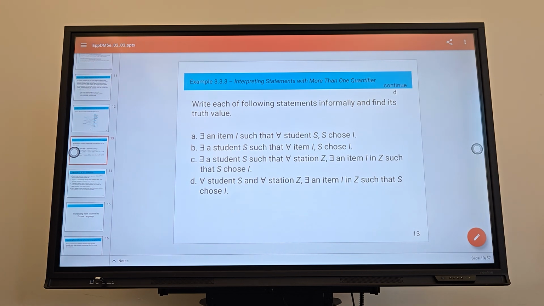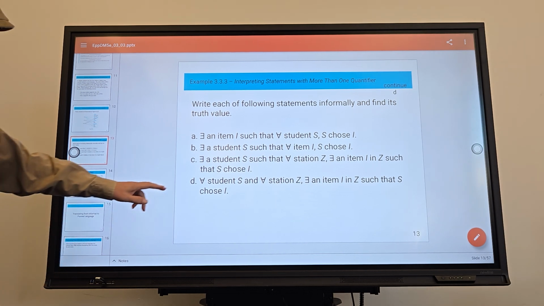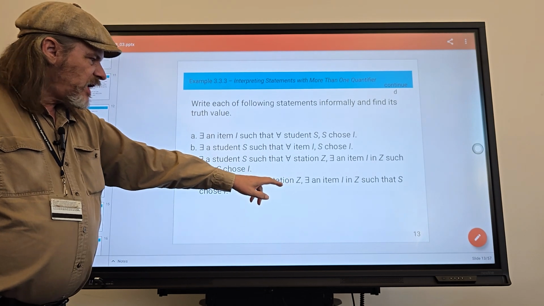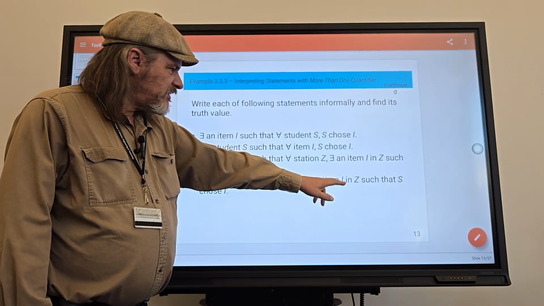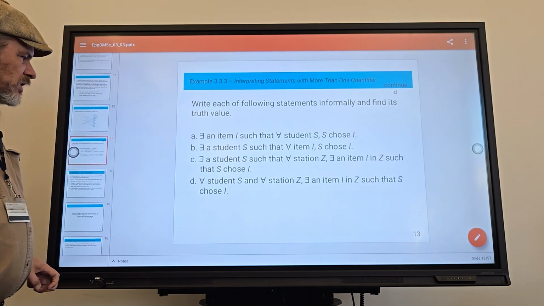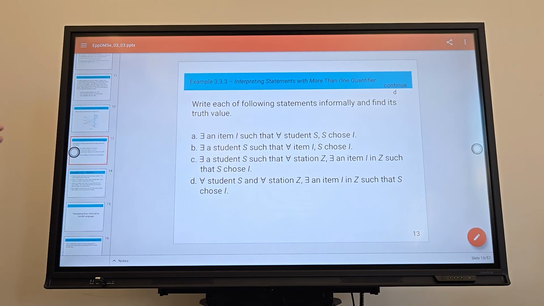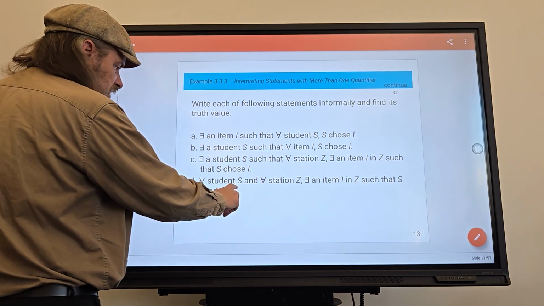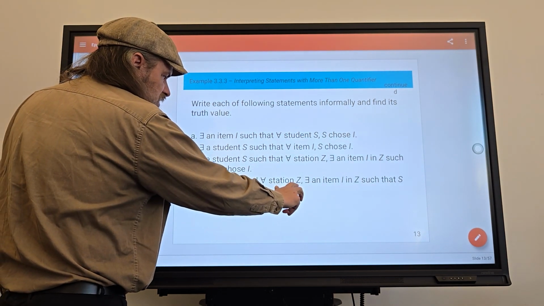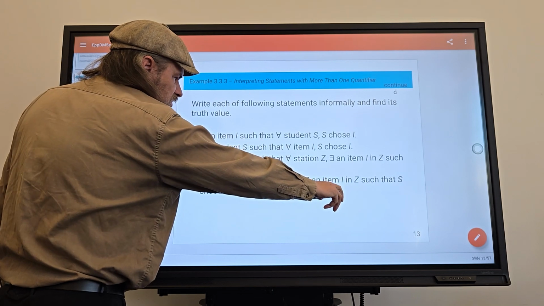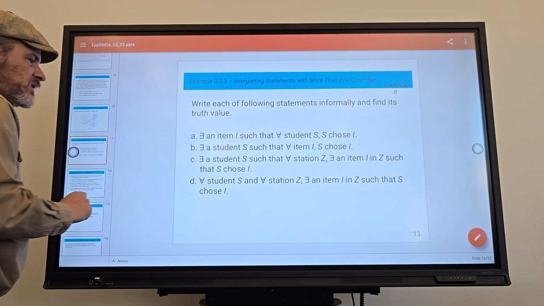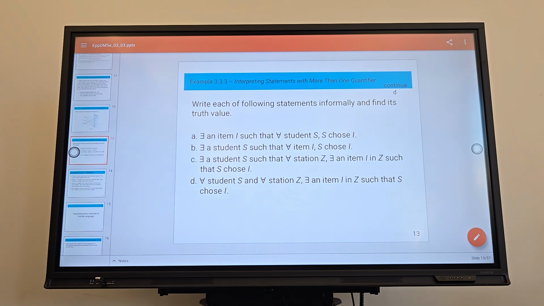Pardon me, for all students S and all stations Z, there exists an item I in Z such that S chose I. Every student, and every station, there was an item chosen by S. So did all students pick at least one item from every station?